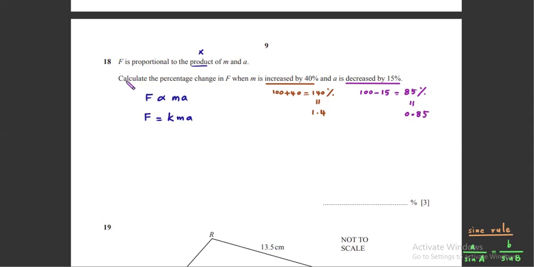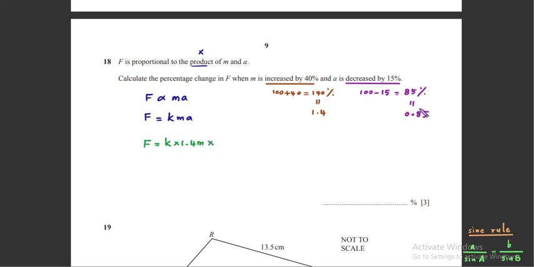Now, the next step: it has been increased by 40% and decreased by 15%, which means F will stay the same F here, but this F is going to be the new force. K, the constant, will not change. The m now becomes 1.4 times larger, so I can write it as 1.4 m.